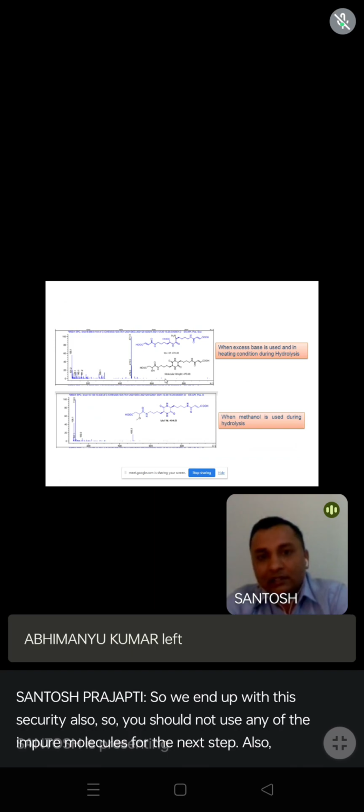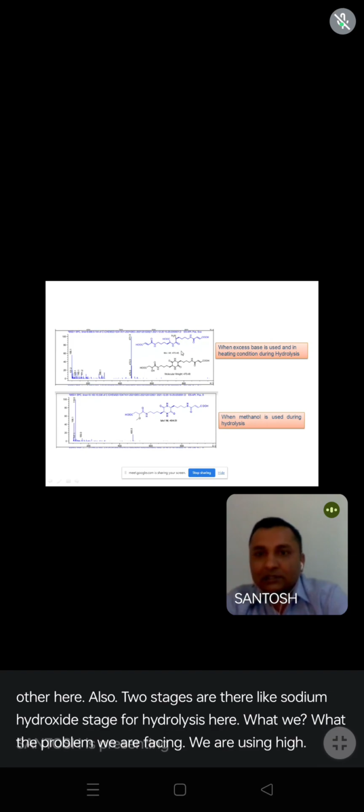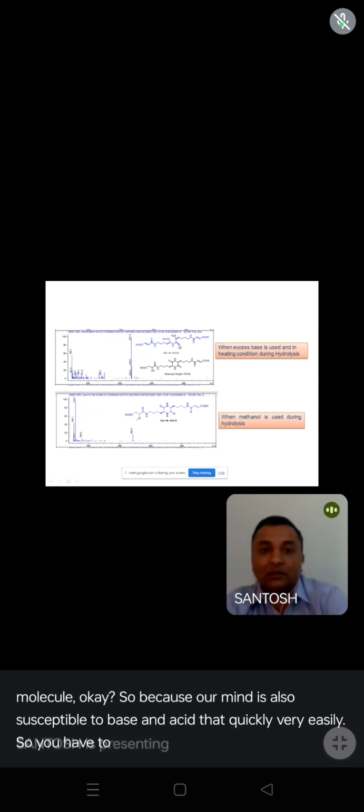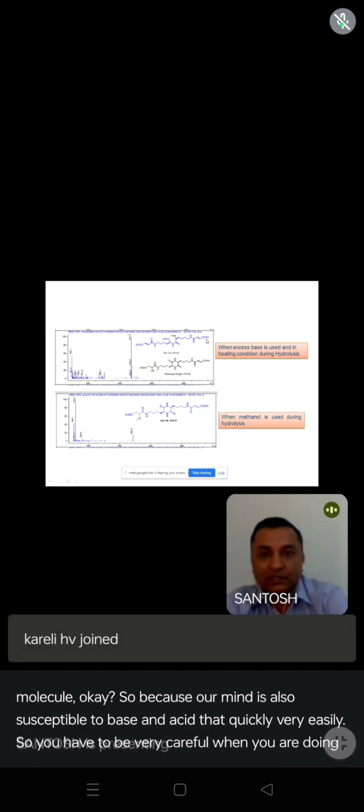Then there are two more stages, like the sodium hydroxide stage for hydrolysis. The problem we faced here is that if we use a large excess of base, this amide bond hydrolyzes and we end up with this open molecule. Amide is also susceptible to base and acid and may cleave very easily, so you have to be very careful when using any base.